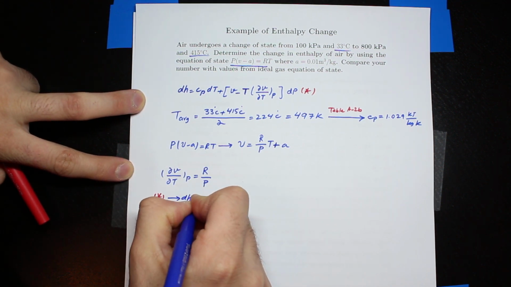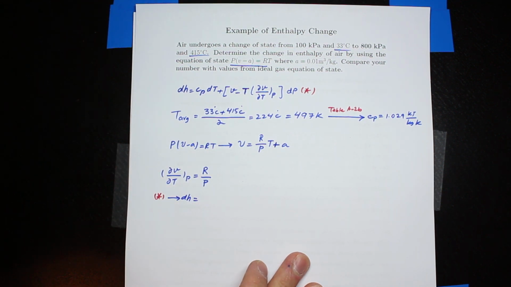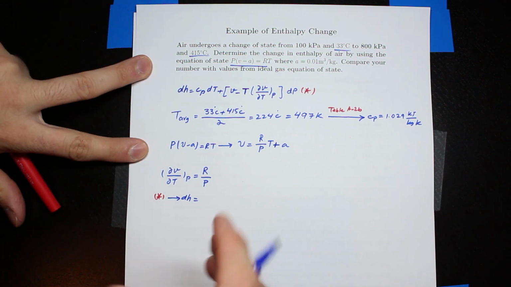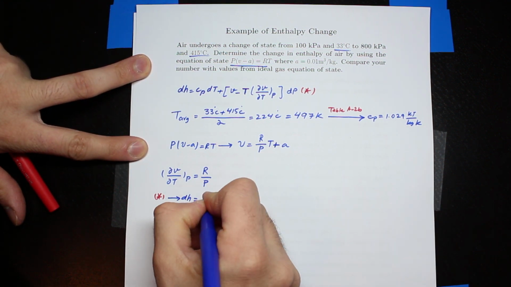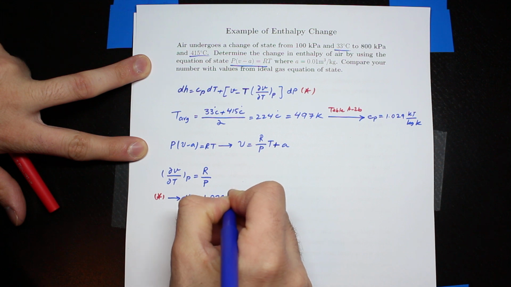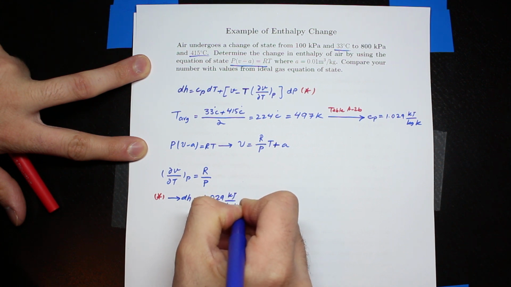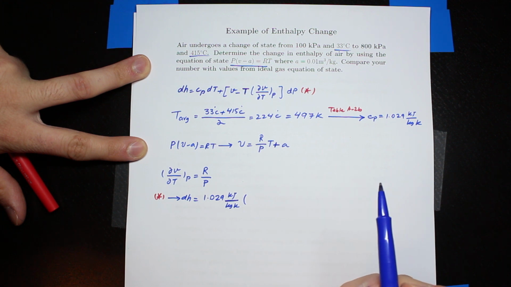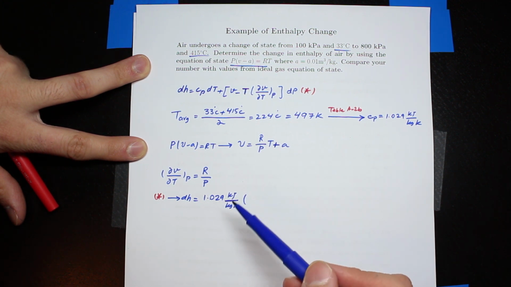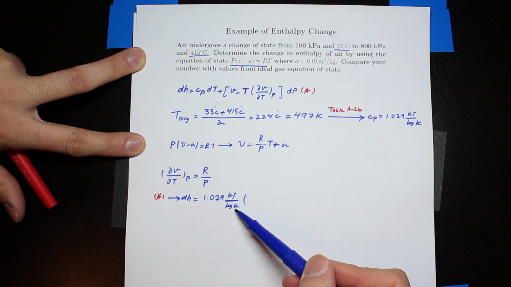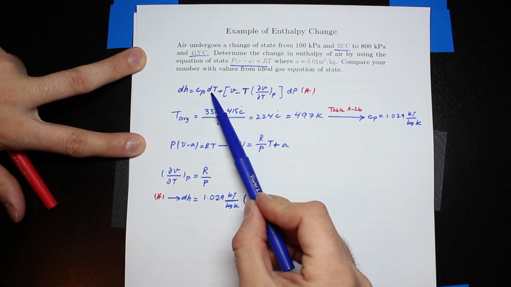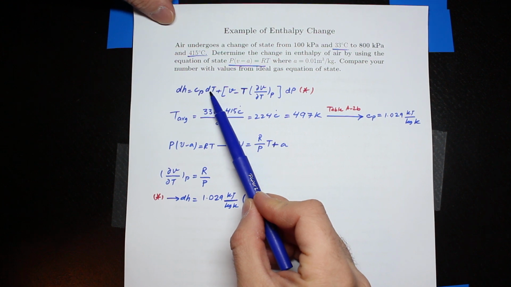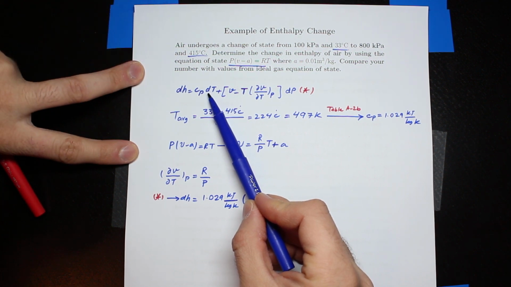because dH is going to be basically Cp. I have the value of Cp, which is 1.029 kilojoule per kilogram Kelvin, multiplied by dT, which is the change in temperature. So the unit of temperature here is in Kelvin. But for this dT, it doesn't matter if you do in Kelvin or in degrees C, because we are looking at the difference of temperature.